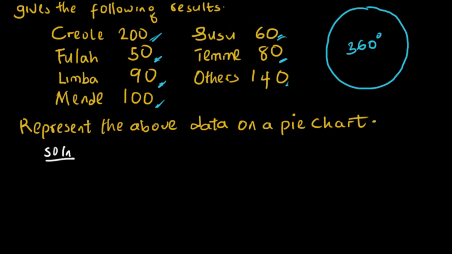So to make things easy, let's have this done in a table and to conserve space. So we have ethnic group. We have Creole, followed by Fula.